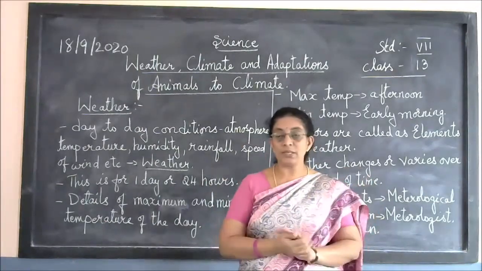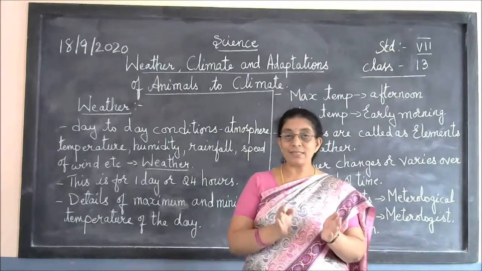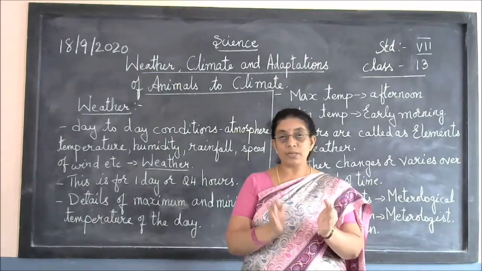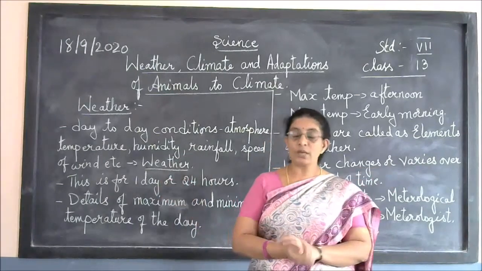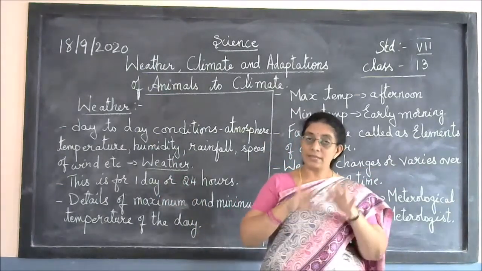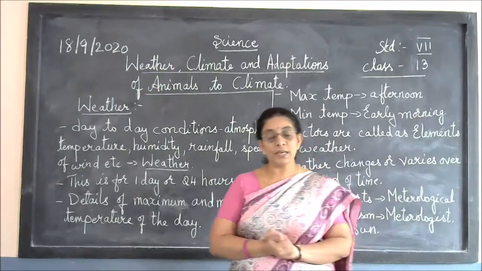It will become totally dark. So this is the reason during the winters the days are short and the nights are long, and during the summer season the days are long and the nights are short.